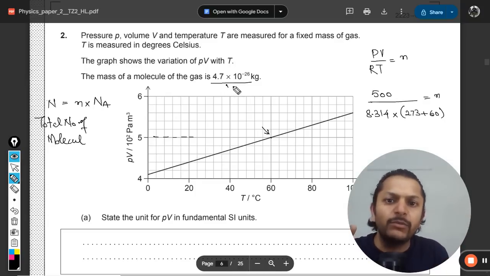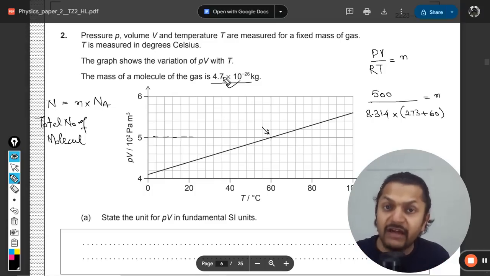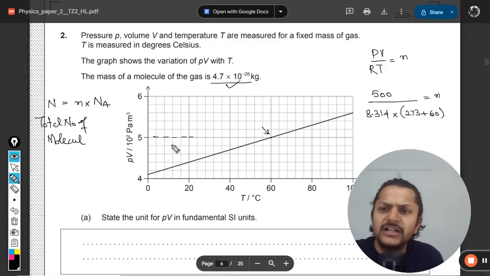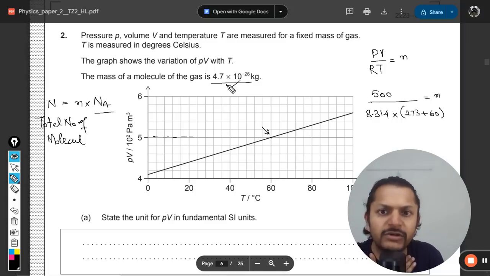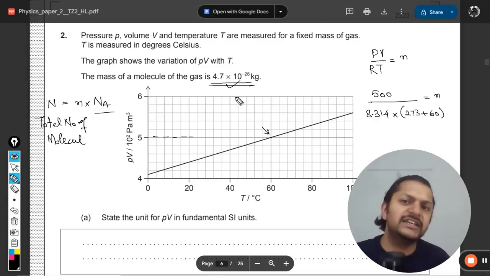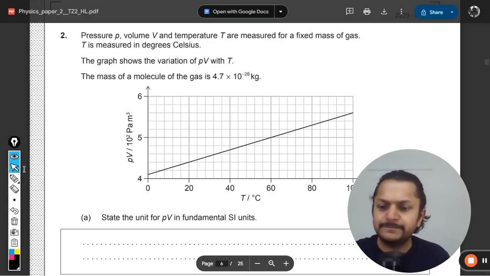And the mass of one molecule is given. We multiply the mass of one molecule with the total number of molecules that we have, and that will be equal to the total mass. So clearly this multiplied by Avogadro number, multiplied by this. So I will not be doing this. We will go to the mark scheme and see if the explanation given is exactly the same. Let's see.